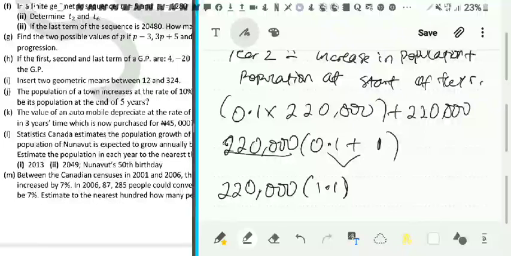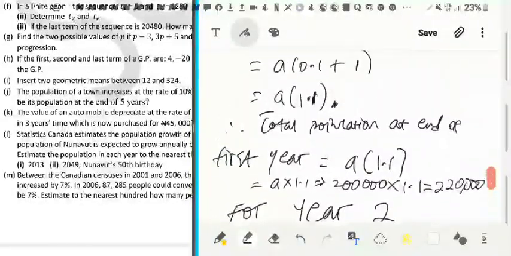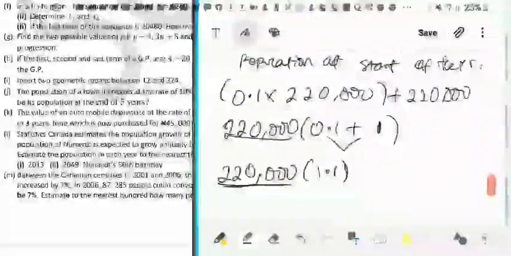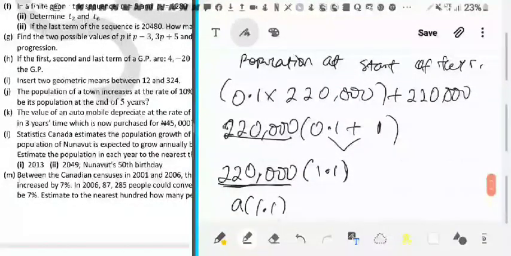If you recall, this 220,000, what was it from? We had something that we used to represent it. It was A open bracket 1.1, the total population at the end of the first year, which gave us 220,000. So if I want to substitute this 220,000 now, I can write it as A open bracket 1.1, because it's the same.